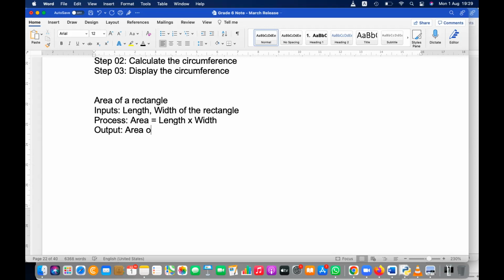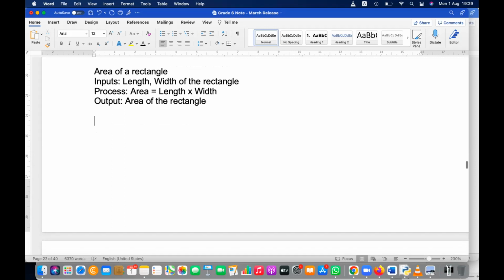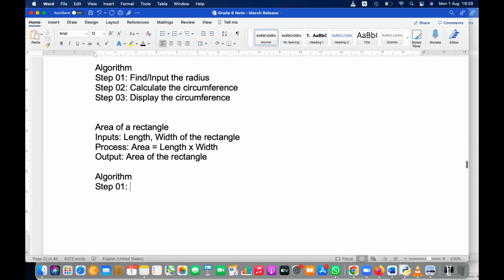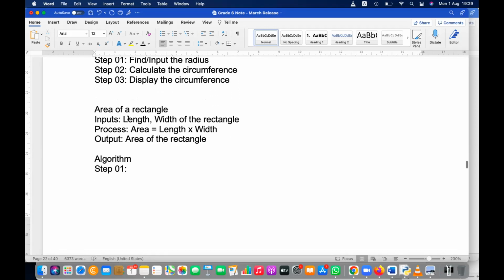Area of the rectangle. Okay, let's organize this into the algorithm. In the algorithm, step 01: input length and width.